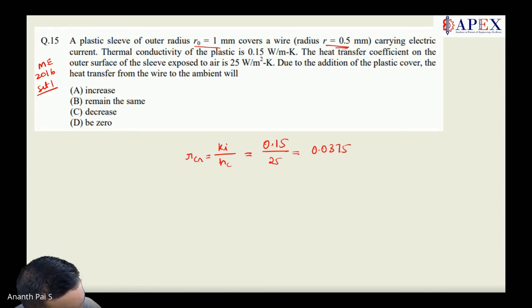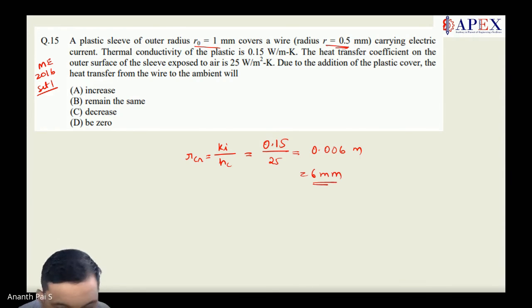So in meters, it is 6 millimeters. So 6 millimeter is the critical radius, and this radius is 0.5 mm.